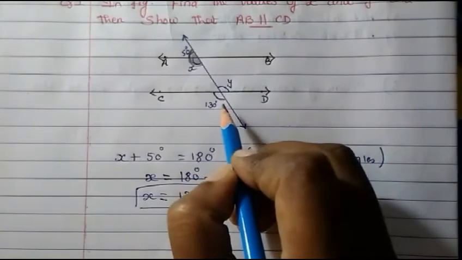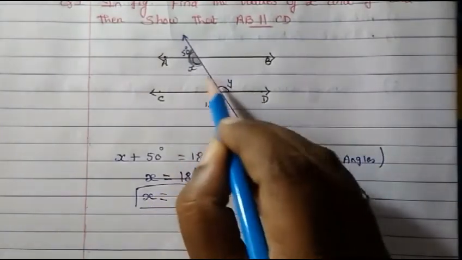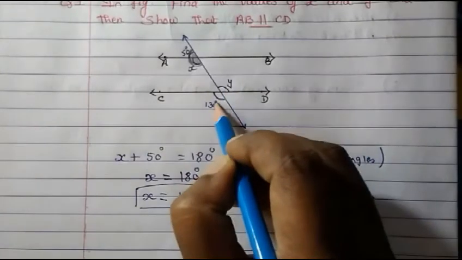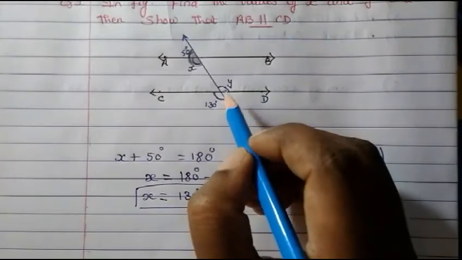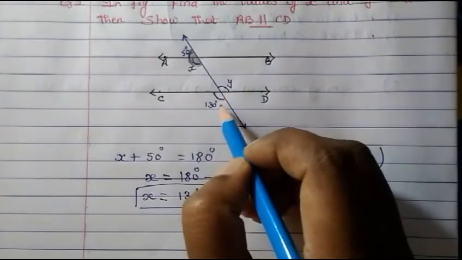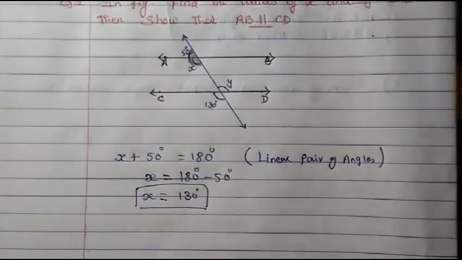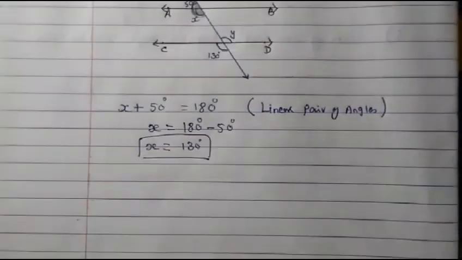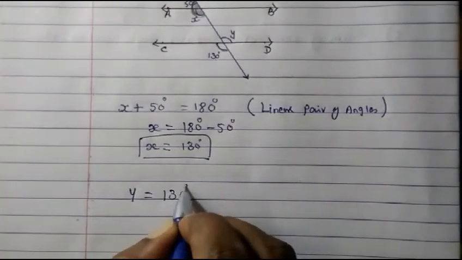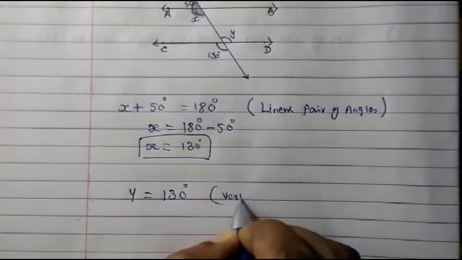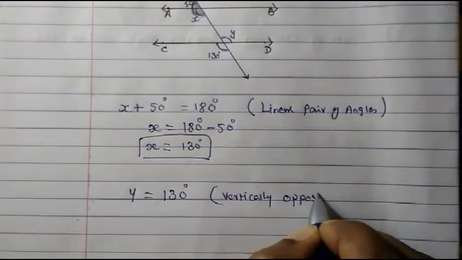Please go through the introduction; I have explained vertically opposite angles. Because these two lines are intersecting, the opposite angles are called vertically opposite angles, and vertically opposite angles are always equal to each other. That also we have studied. So therefore you can say y is equal to 130 degrees because it is a vertically opposite angle.